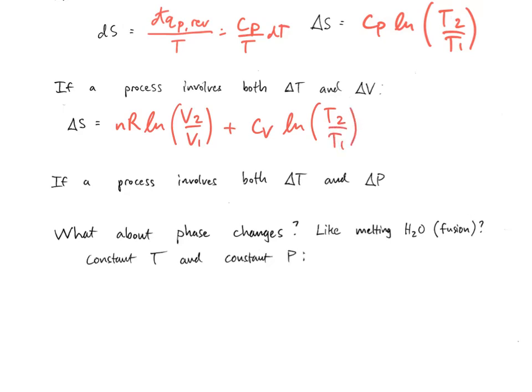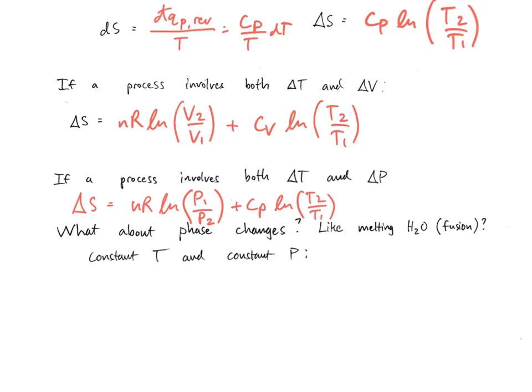And for a constant pressure process, the same thing applies. Delta S then equals nR log P1 over P2 plus Cp log T2 over T1.